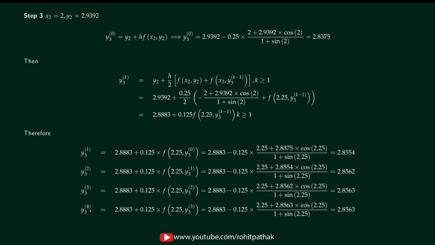We have to repeat this up to 4 times to get these two values stable. Here we see that these two values are repeating, therefore this is the approximation to y3. This is the value of y3, that is y at 2.25. So now we have y at 2.25 as 2.8563.